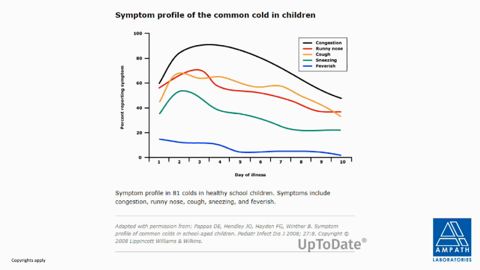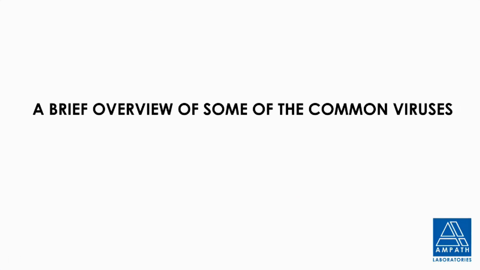And the usual symptomatology is the congestion, the runny nose, the cough, the sneezing, and the fever, which could mean anything really. And this is just an illustration of that, where they looked at healthy school children, and this was found to be the common symptoms.